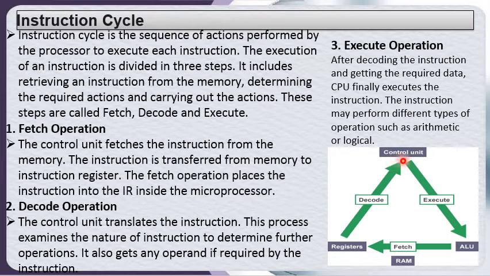Then the data as well as the instructions are transferred to the ALU, the arithmetic logic unit, and the output is then fetched out, then again the next instruction. So it is a continuously running cycle. Every time, data is fetched, decoded, executed; fetched, decoded, executed; fetched, decoded and executed.